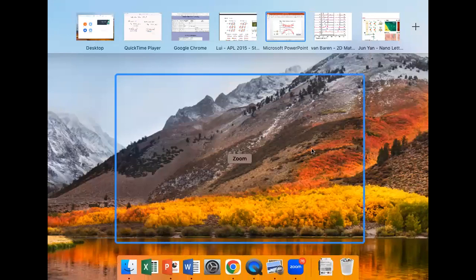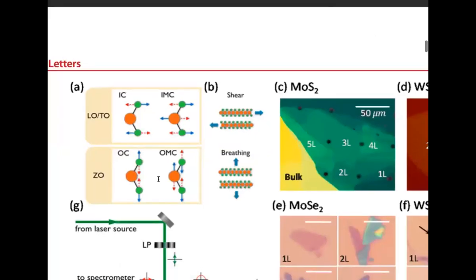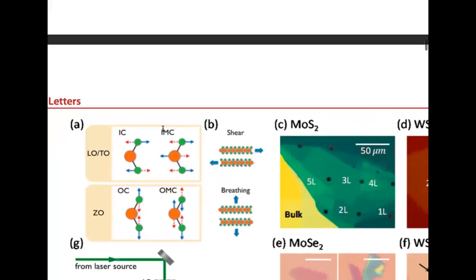When you go to Chun Hung's paper, they consider these modes. C means chalcogen, M means the metal atom. IC means the chalcogen atom is vibrating and the metal atom is not moving, and it is in plane. IMC means both the metal atom and the chalcogen atom are moving, in plane.